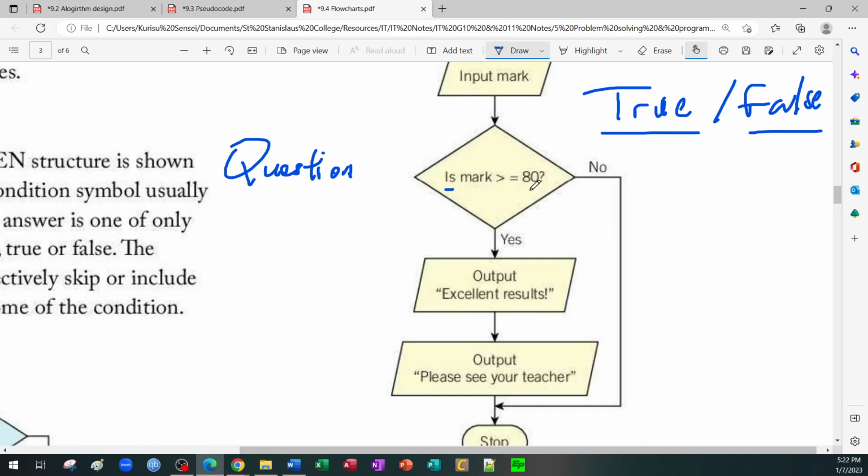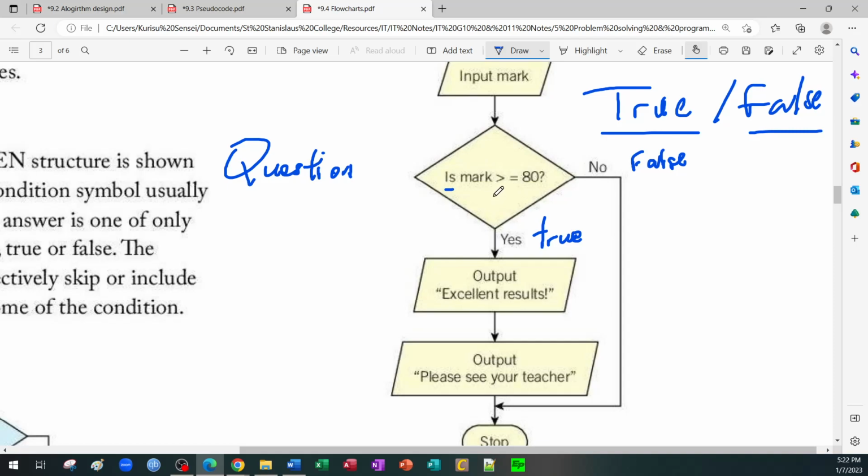So in this decision that we're carrying out, in this question, the no is an indication of false and the yes is an indication of true. So is mark greater than 80?